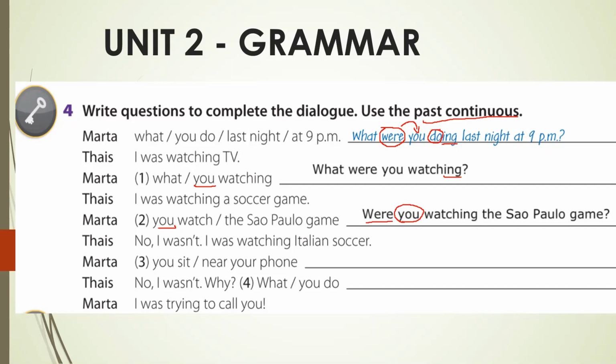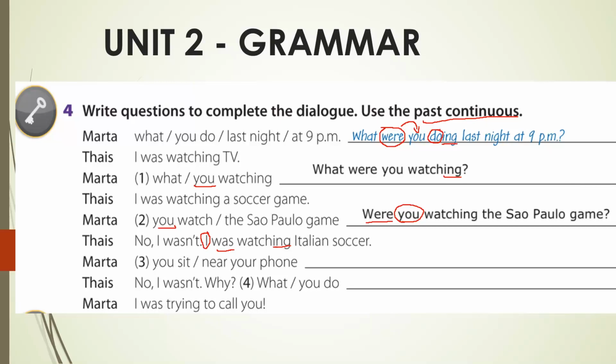No, I wasn't. I was, take a look. I was watching. Yes, I was watching. Why did I use was here? Because the subject is I. So take a look at class lesson number 4. We studied this before. Yes, I was watching Italian soccer.